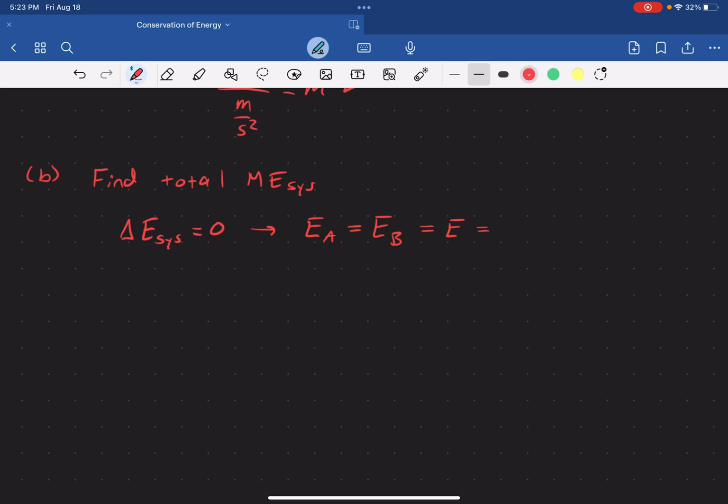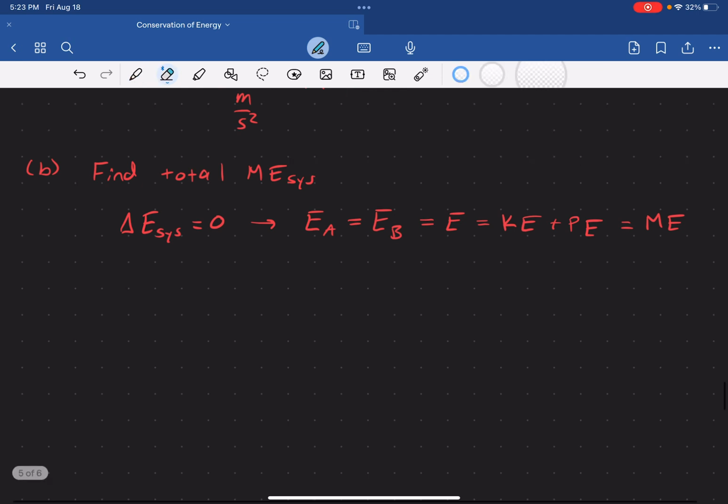which we know in our case is just the sum of the kinetic energy and the potential energy. And that particular sum is the mechanical energy. This is the same at any state in the isolated system.